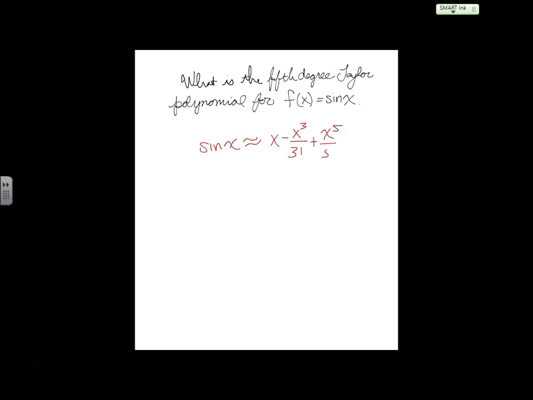Some functions are only going to have every other term, and if they have every other term, you know the difference between whether we were supposed to write the first 5 terms or whether we're just supposed to go x to the 5th degree. Now, every now and then it might get a little bit more tricky, like, hey, what's the Taylor polynomial for sine of x squared? Uh-oh.